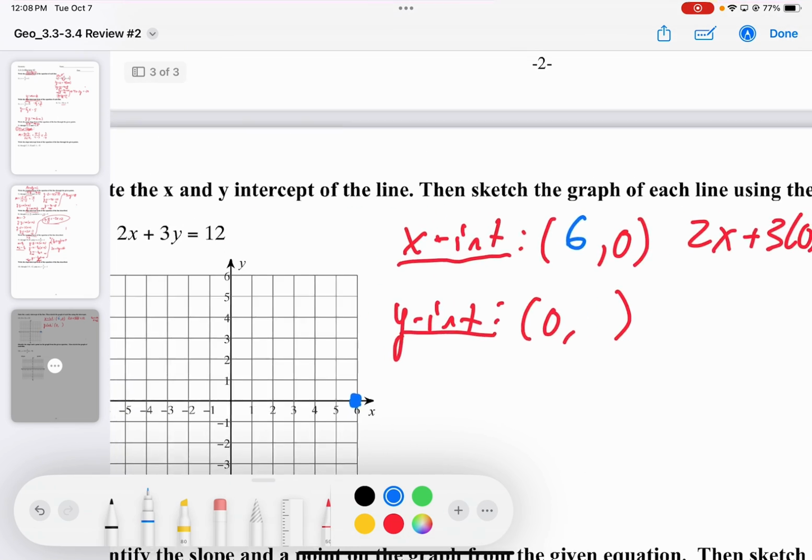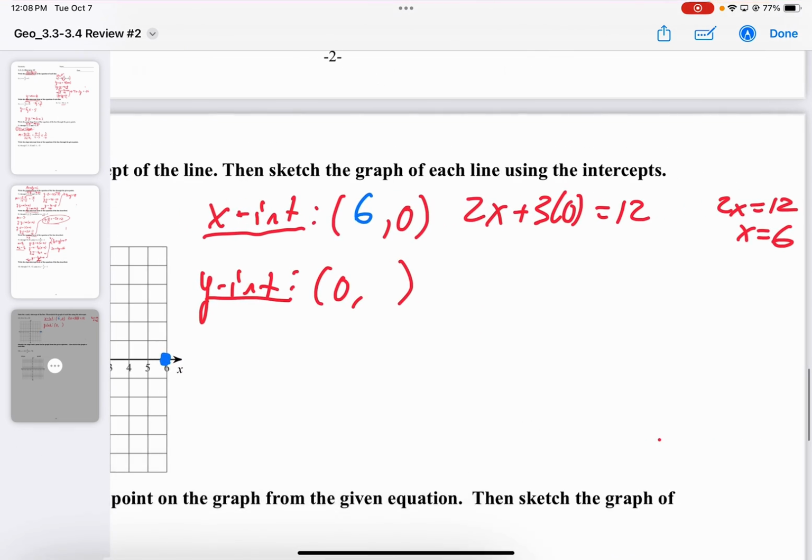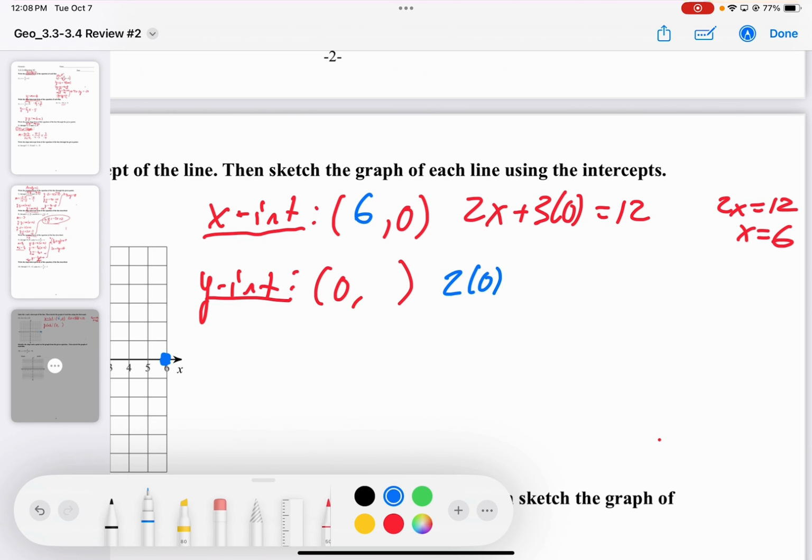And then let's do our y-intercept. So that means I need to plug in 0 for x, right? So 2 times 0 plus 3y equals 12. 2 times 0 is going to give me 0, of course. So I would just get 3y equals 12.